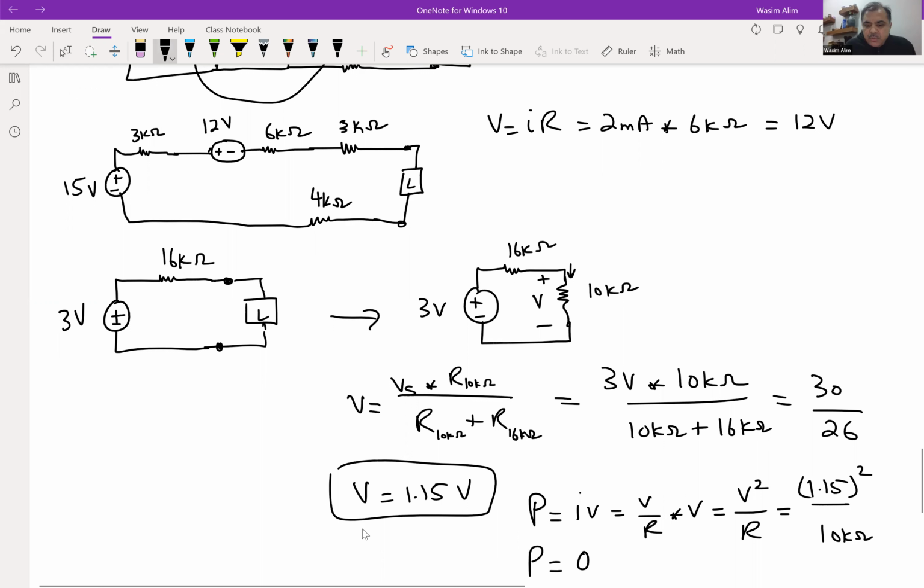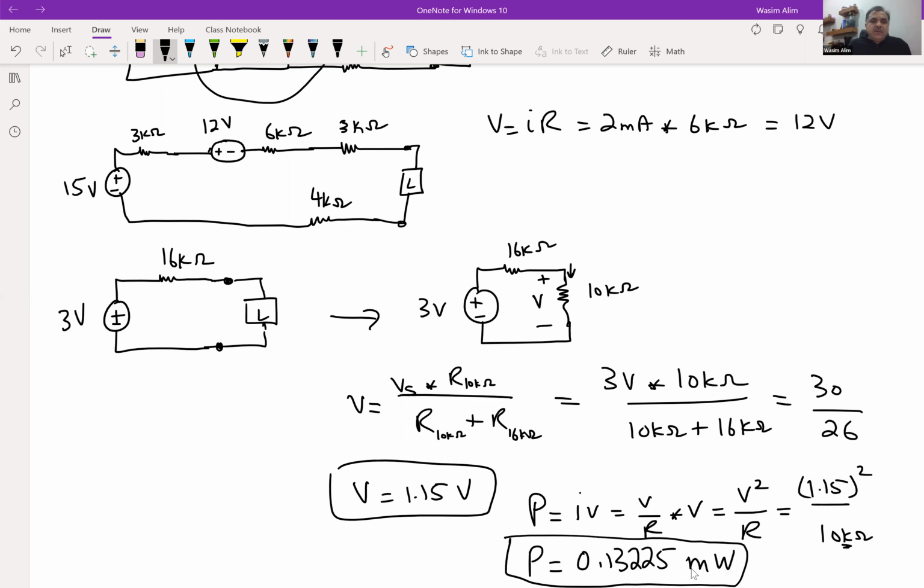Okay, I'll do it again. 1.15 squared divided by 10. Yeah, 0.13225. And this is milliwatts, by the way, because there's a kilo ohm here, so that will convert it to a milliwatt. So this is the power delivered here.